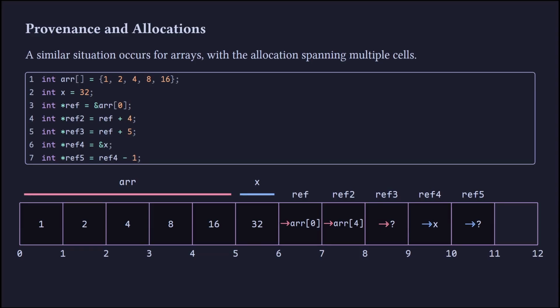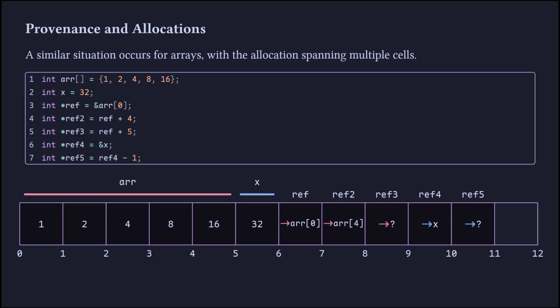With arrays, as I've shown earlier, they have an allocation that spans multiple cells, and this is why it's sound for us to do x plus 1 to access another element of an array, but not to perform x plus 1 to access another variable in the scope. In this case, ref2 is perfectly fine. It's within the bounds of the array.